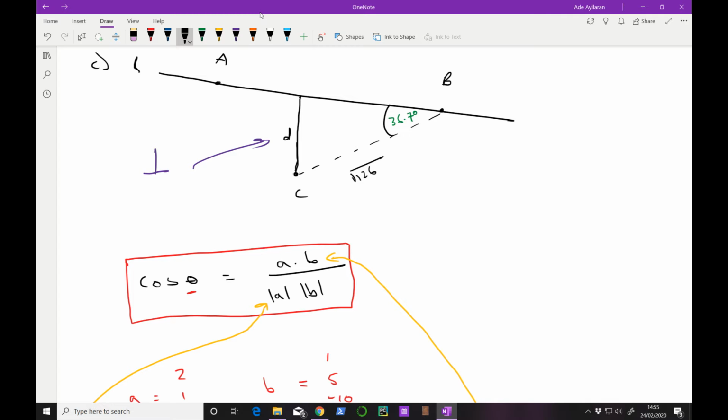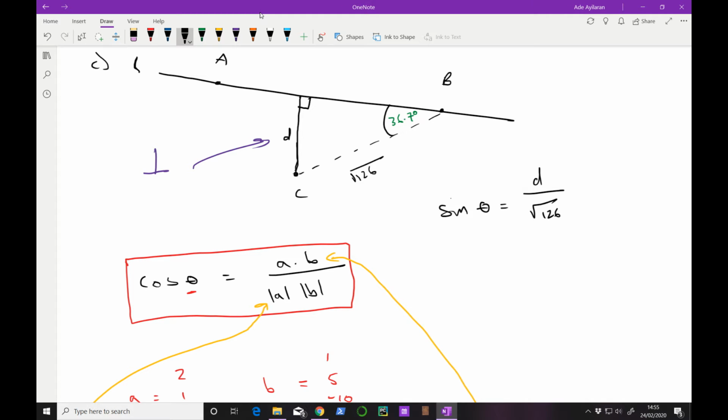Because the direction between C and the line L is perpendicular, that makes this angle a 90-degree angle. This is just going to be a trigonometric problem, okay? I've got my angle, I've got my hypotenuse, I'm trying to find my opposite to the angle. So the trigonometric identity I would be using is sine theta equals opposite over hypotenuse. So that's going to be d over root 126.